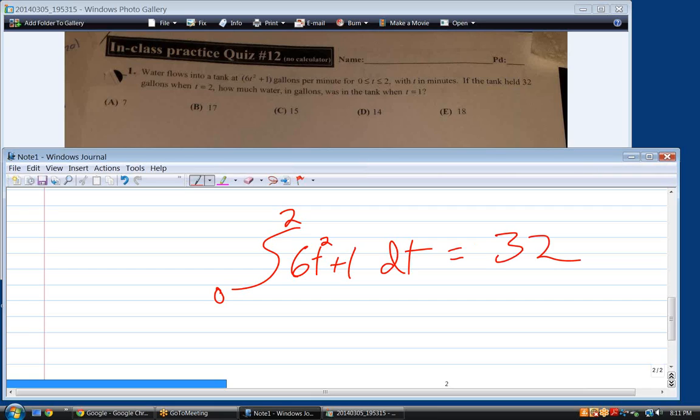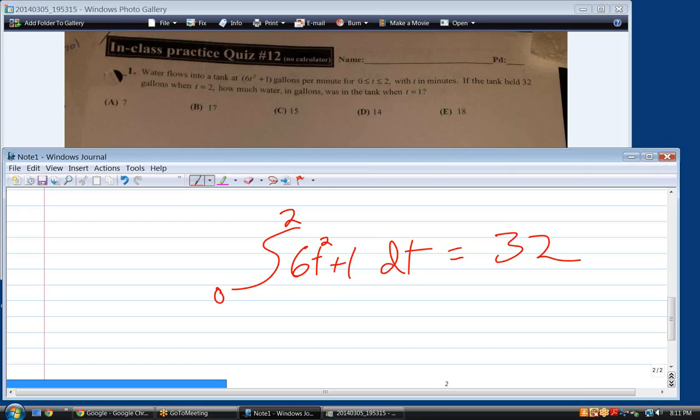So how much water in gallons was in the tank when T was 1? All right, now I'm confused because I don't understand why the answer is not the integral of this from 0 to 1.